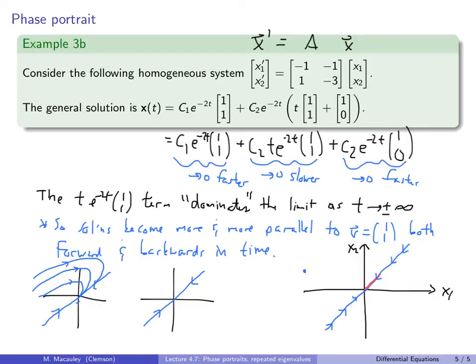And then backwards, we have things that look like this. So that's one possibility. The other possibility is the reflection about this. Instead of spiraling this way, we spiral that way. Let me draw that. So let's suppose we have something like this.